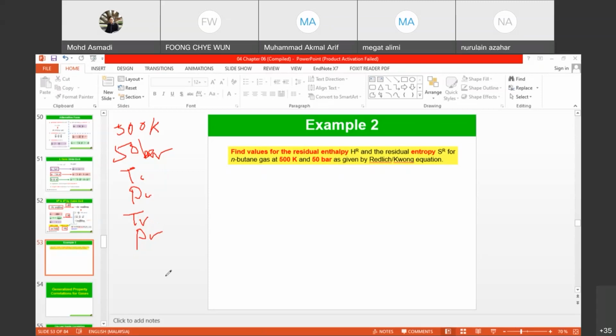Okay, TR. And then if you look at the equation, you need information of beta and Q. Okay, beta, this one also from chapter 3. TR divided by TR.